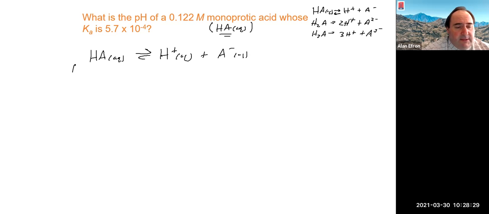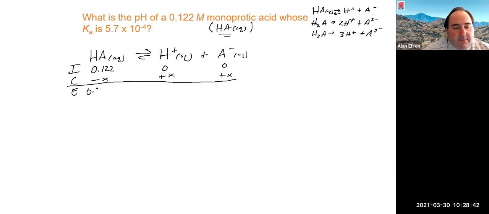We're going to do an initial ICE table here with our 0.122. It's going to be 0, 0. Change will be minus x, plus x, and plus x, which means at equilibrium 0.122 minus x, x, and x. Any questions on that so far?